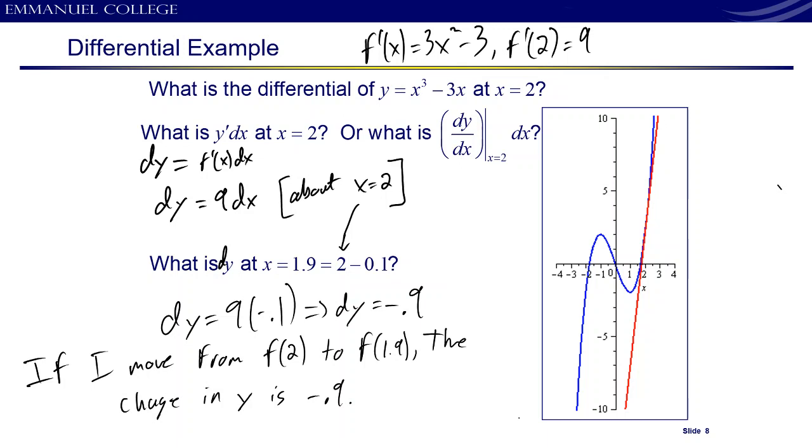Clearly, you don't want to check what if I move from 2 to, I don't know, 0. That's a decrease of 2, so that's going to have a drastic effect.